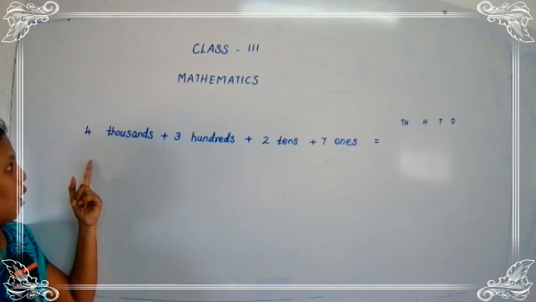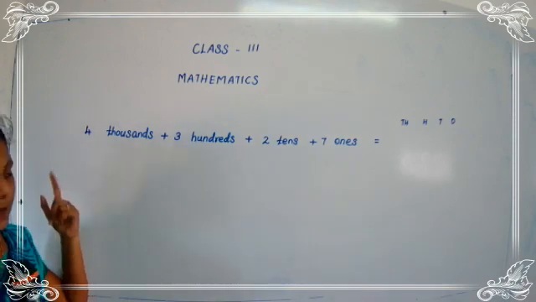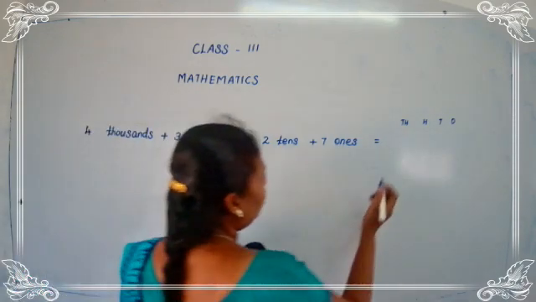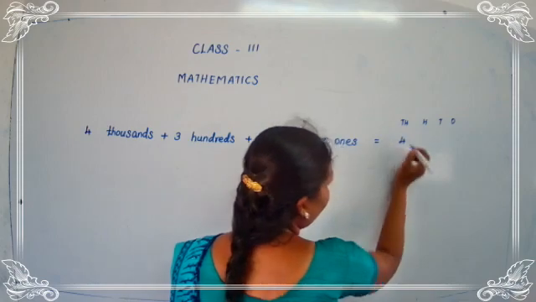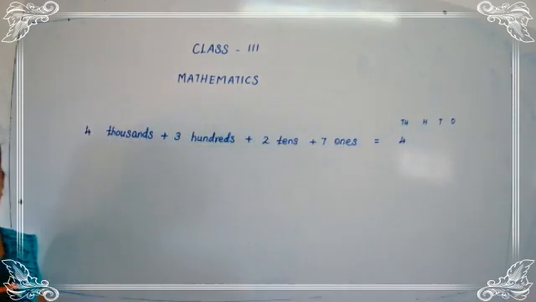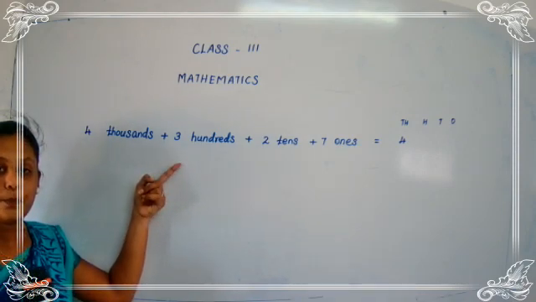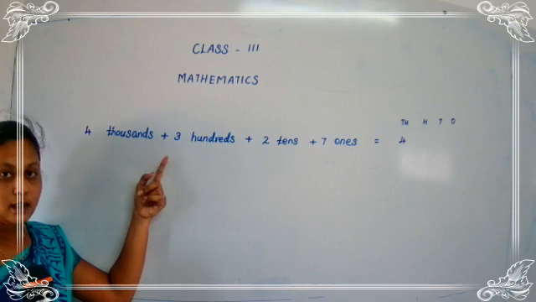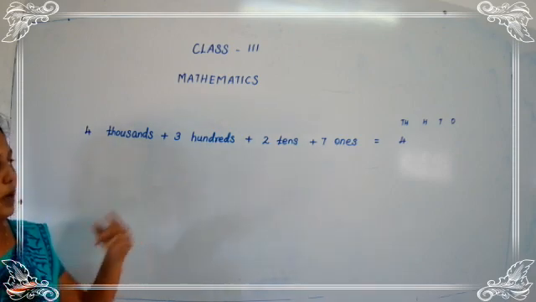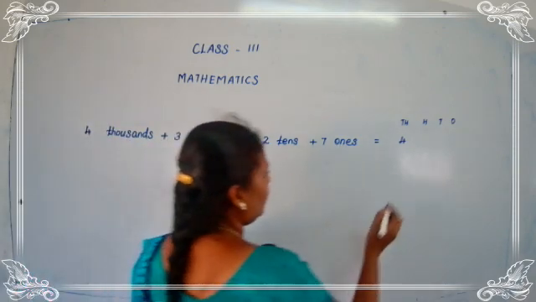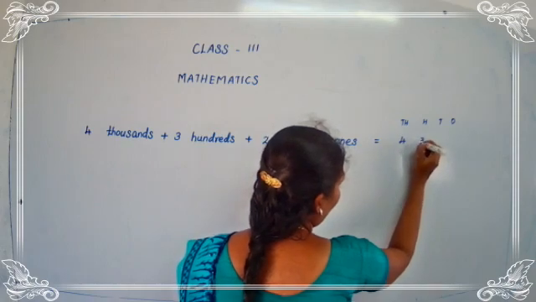The place value of 4 is in the thousands place, so we write 4 in the thousands place. Then see the second one, 300. How many hundreds are here? 300. So we write 3 in the hundreds place.